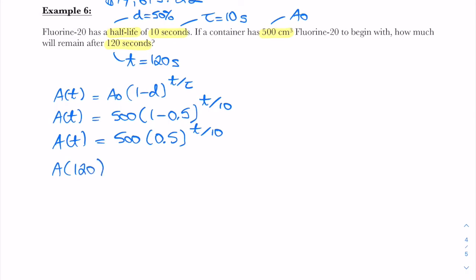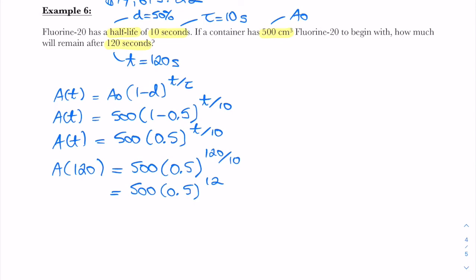So plug in 120 for t. I like to simplify the exponent first. 120 divided by 10 is 12. And once again, a job for your calculator.